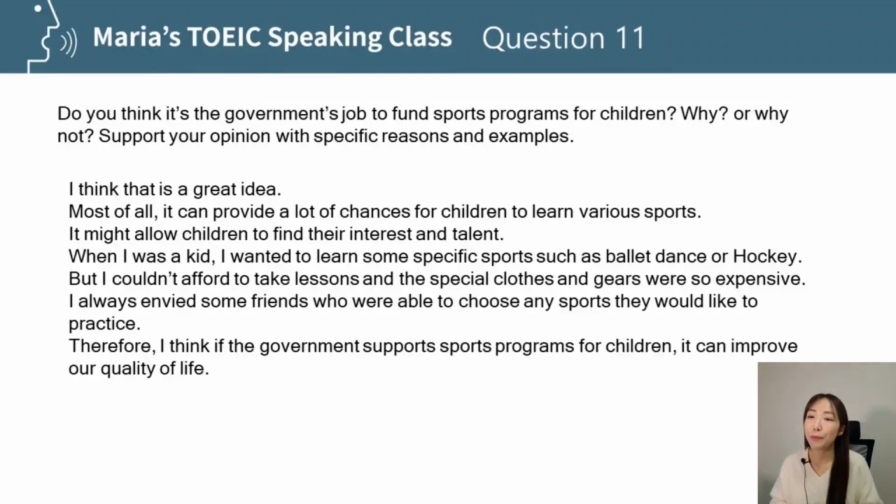왜냐면, but I couldn't, 이거 배우고 싶었지만, 네, 모두가 말렸죠. 안 된다. 무용이 되게 배우고 싶었던 것 같아요. 어렸을 때. 그 무용하는 친구들이 너무 예뻐 보였거든요. 그래서, but I couldn't afford to take lessons. 그 수업을 내가 들을 수 있는 couldn't afford to 여력이 안 됐고 and the special clothes 그 특별한 복장이라든지 and gears 기기 도구들이 were so expensive 굉장히 비쌌습니다.